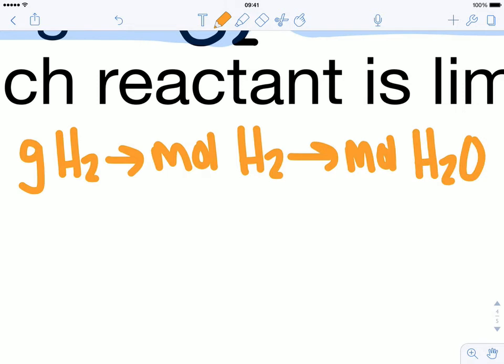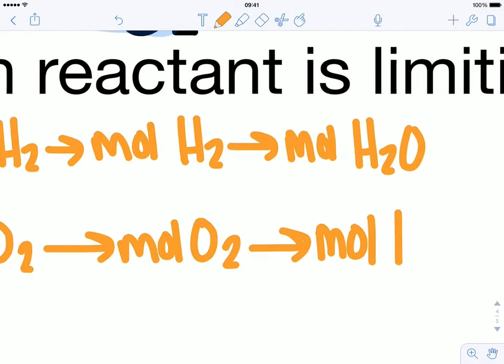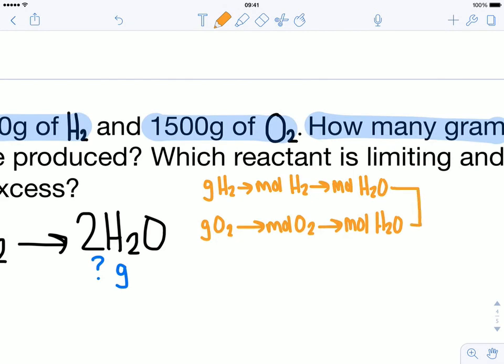Then our second reactant, which is O2, we are starting off with grams of O2, and we have to convert that into moles of O2. Then for moles of O2, we have to convert that into moles of H2O. And that way, we'll be comparing the same thing. Sandwiches to sandwiches, moles of water to moles of water.